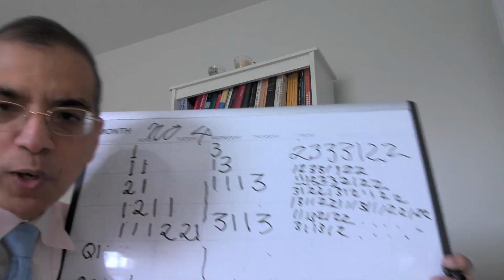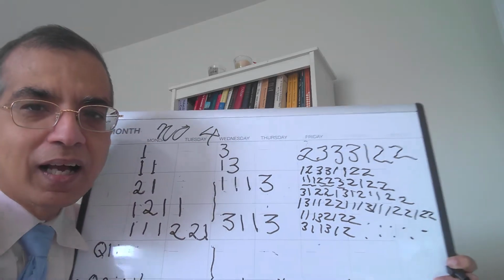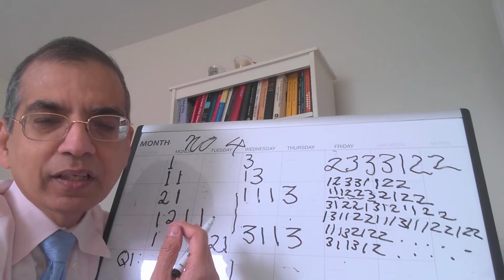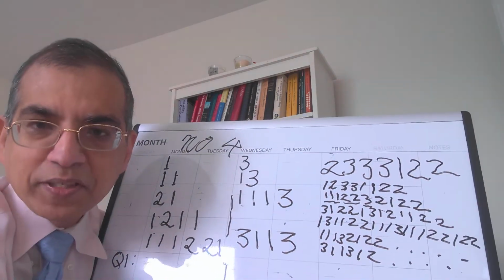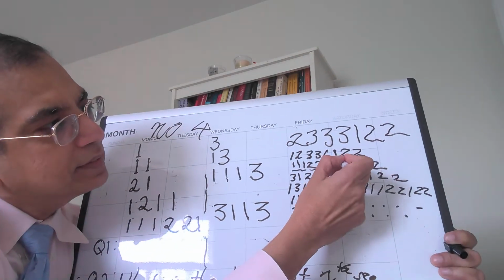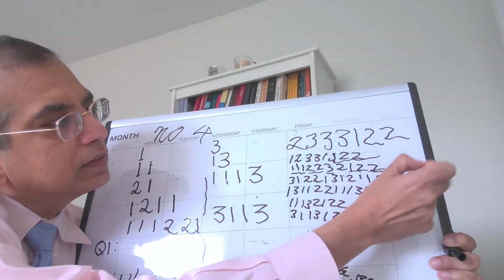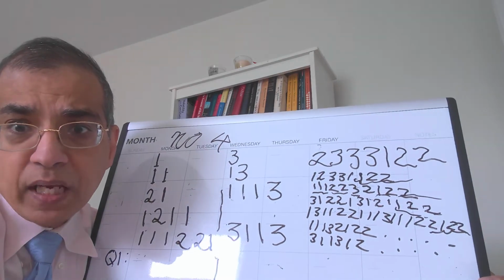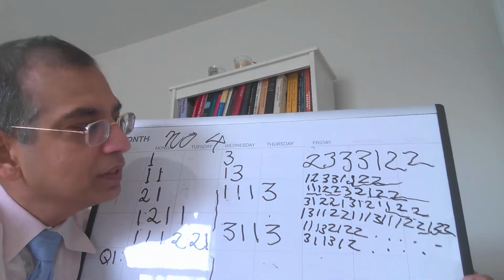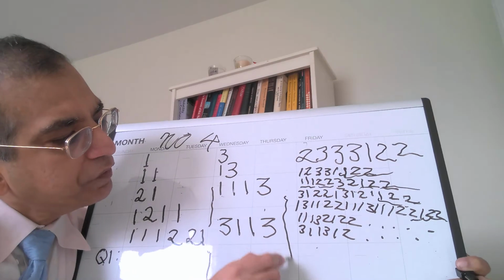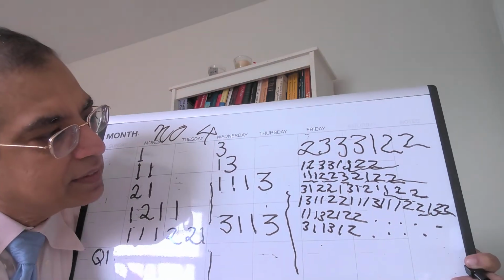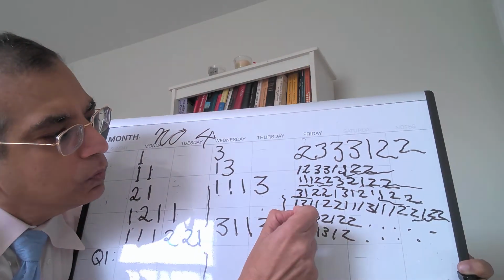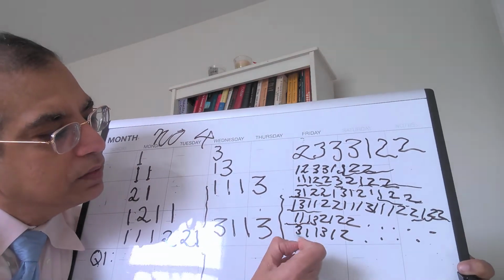Now, here is what I mean by the front syllable alliteration and the rhymes of the last syllable. If you look at this, oh my God, the end is frozen. They're all rhyming. It's all 1 2 2. And if you look at the front here, after a while, we arrive at a cycle. It's 3 1, 1 3, 1 1, 3 1.